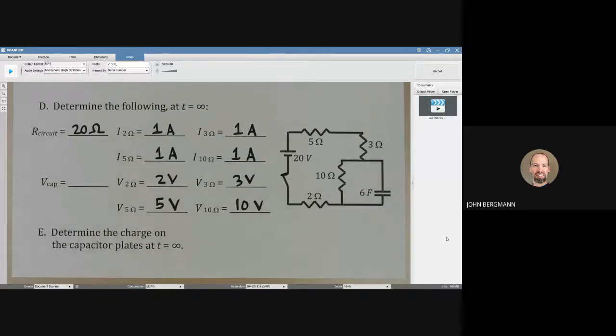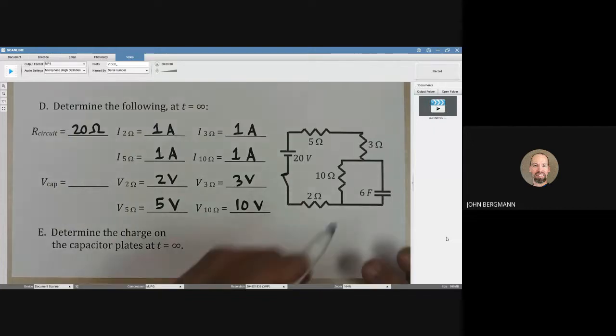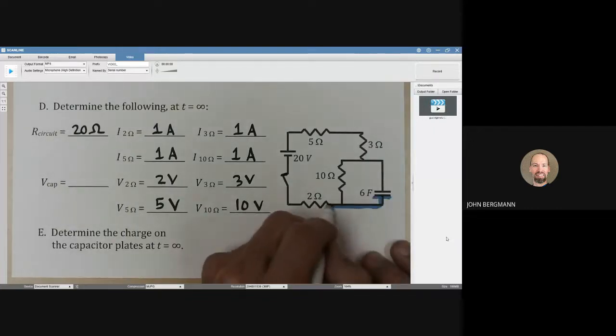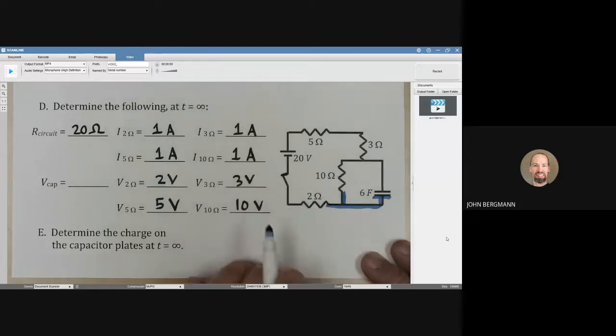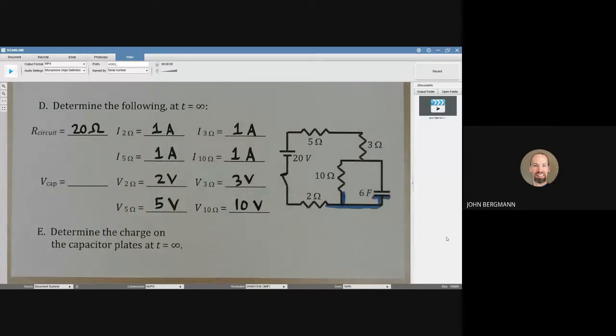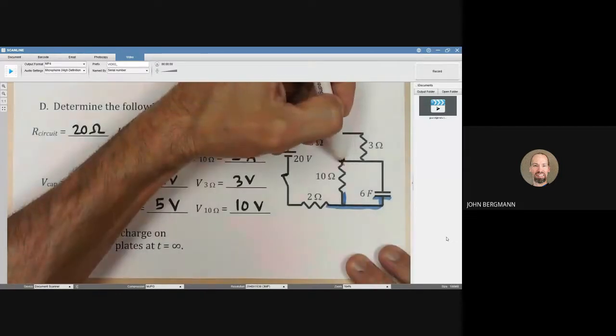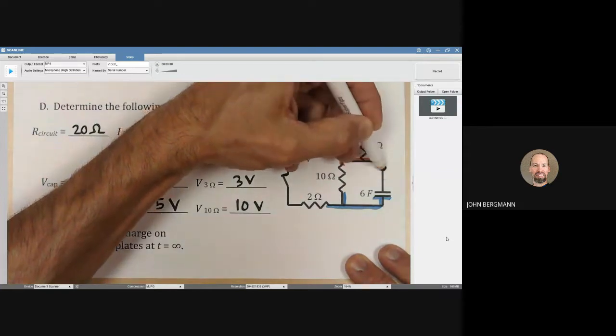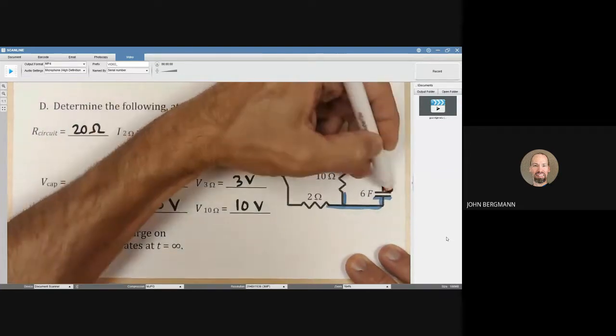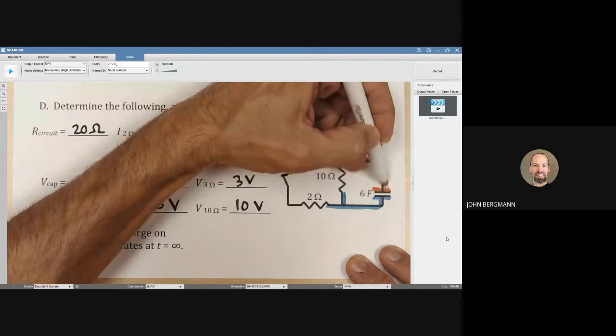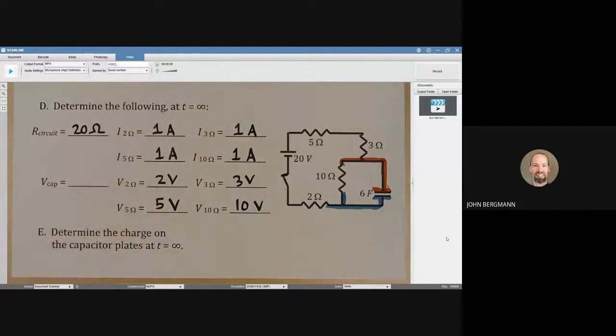All right, well, the voltage across the capacitor, remember, whenever we color code circuits, we can say the electrical pressure, the voltage of that region right there is some value. And the voltage of this region here that's all connected, that's going to be the same value, some different value than what I've colored blue, but the same value there.